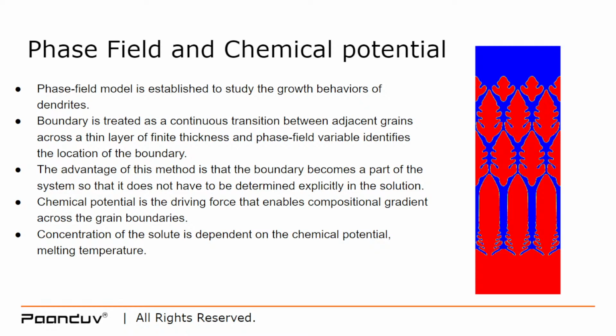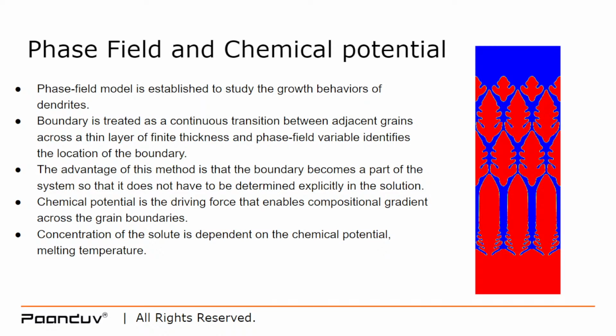There are two important parameters that we typically look at when it comes to dendritic growth or microscale modeling, which are phase field and chemical potential. Phase field is basically interface tracking for different phases, but in this case what we are tracking is the interface boundary between the dendrite and the liquid.